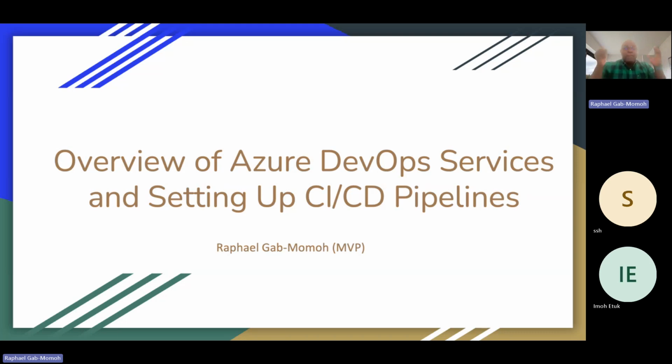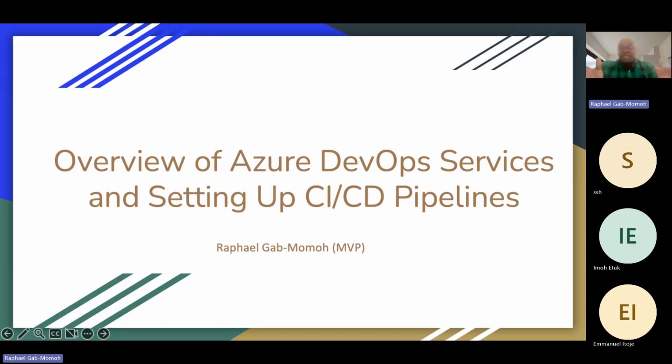And today, I'm going to be showing you a bit of an overview here and there on how to understand and start using Azure DevOps for your CI/CD pipeline. Let me tell you one thing that you might not understand. I understand that people like using Jenkins because it's free and it's open source. But guess what?